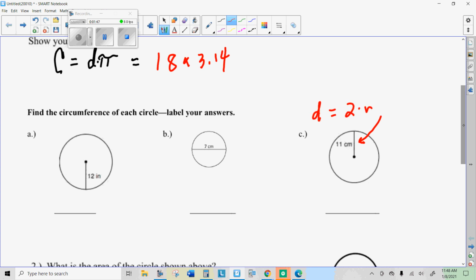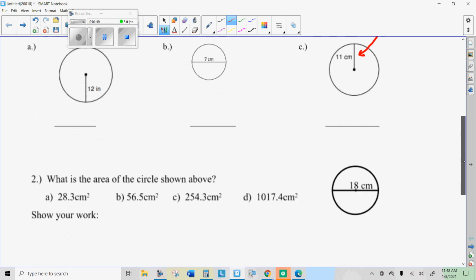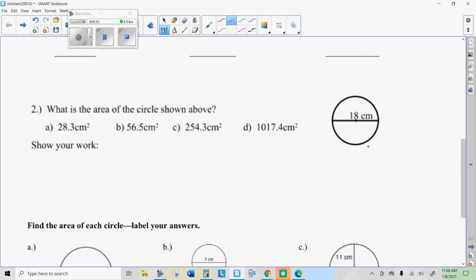Okay. All right. On number 2, we're going to find the area of the same circle. For area, we use pi r squared as the formula. And for pi, again, we're going to use 3.14. The radius is half the diameter, so we want to divide that by 2 to get the radius.